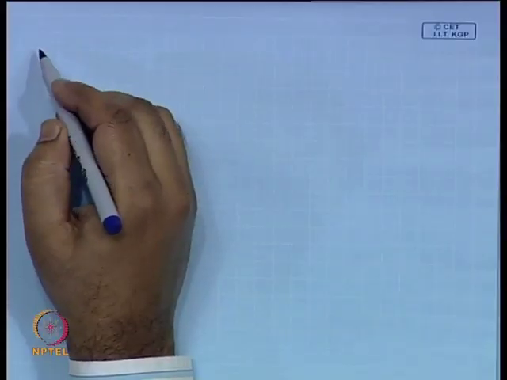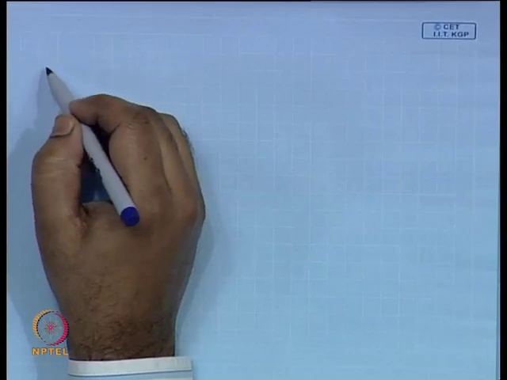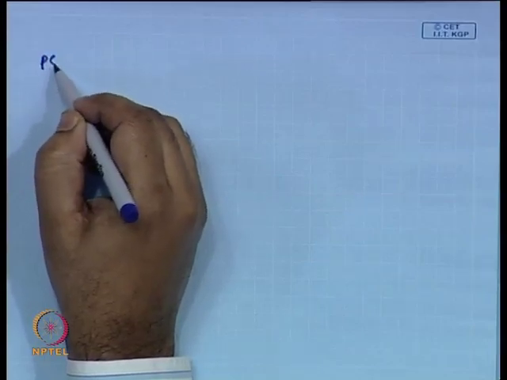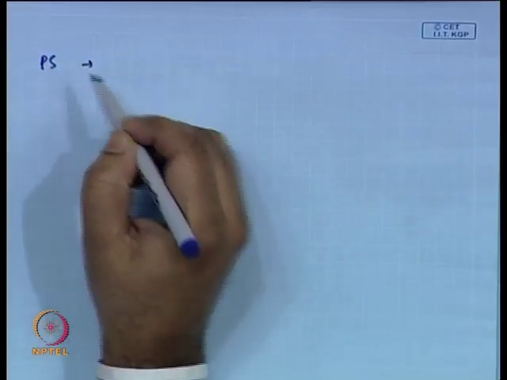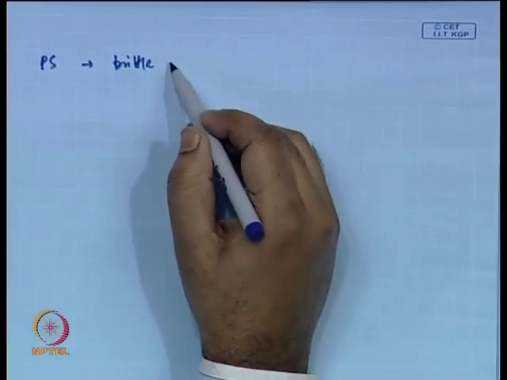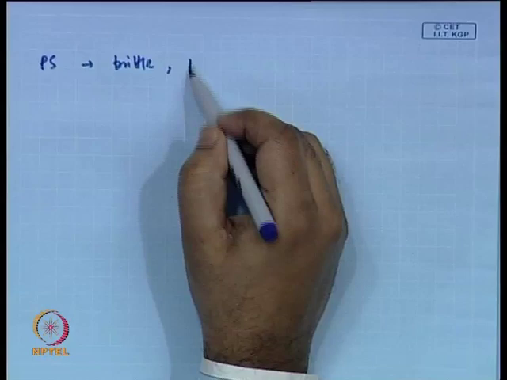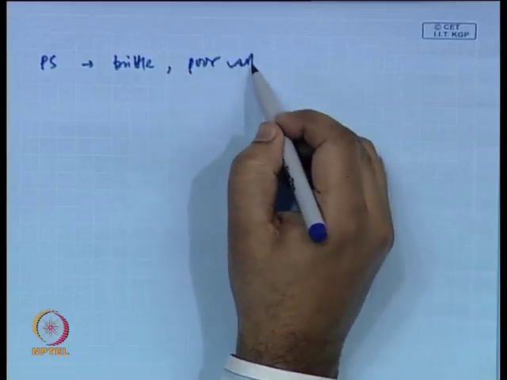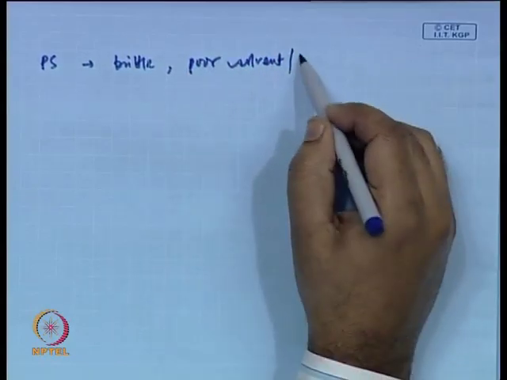Now, continuing with the importance of copolymers. For example, if you have a polystyrene homopolymer, polystyrene homopolymer is a brittle polymer, it breaks down easily, and also it has poor solvent or chemical resistance.